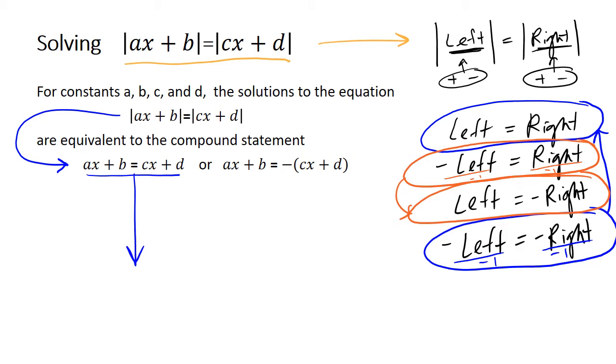So the other alternative option that would take into account all aspects of what could happen is we could set the left side of the equation equal to the negation of the right side. If you do this and solve, you will have the other solution that could come up from solving the absolute value of ax plus b equal to the absolute value of cx plus d.